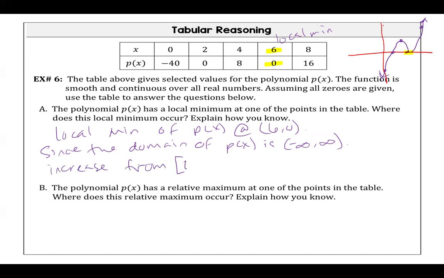So we increase from 6 to infinity and decrease. I wrote it backwards and I apologize. I should have written the decrease first, because on a minimum, what happens first? You decrease, then you increase. And we decrease from 4 to 6.